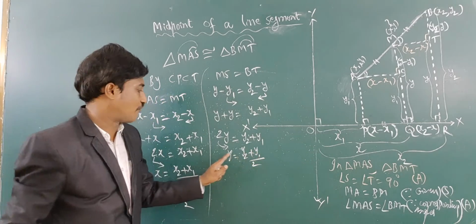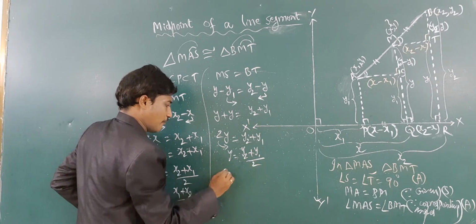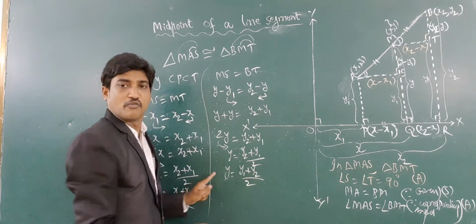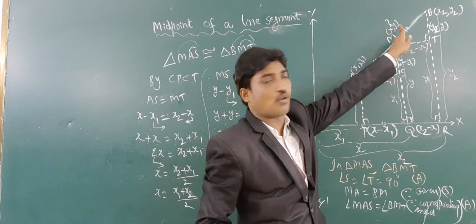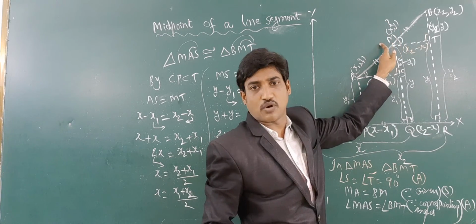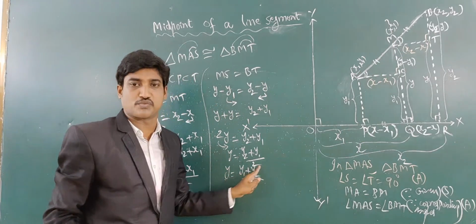We can write it as (y1 plus y2) by 2. y is the second coordinate of the midpoint M, that is (y1 plus y2) by 2.